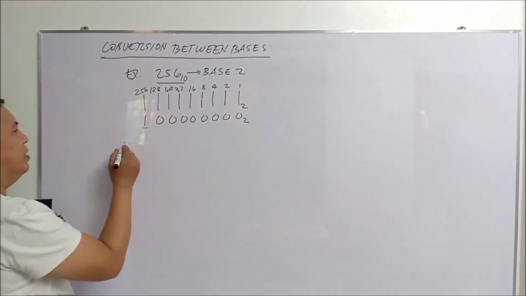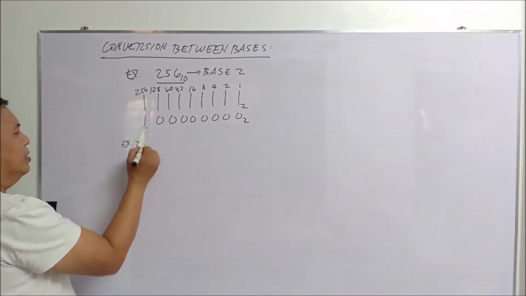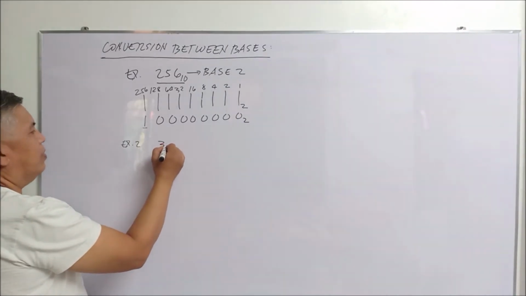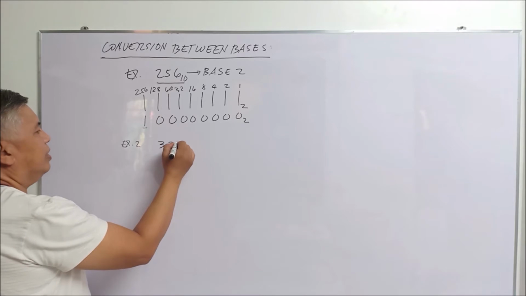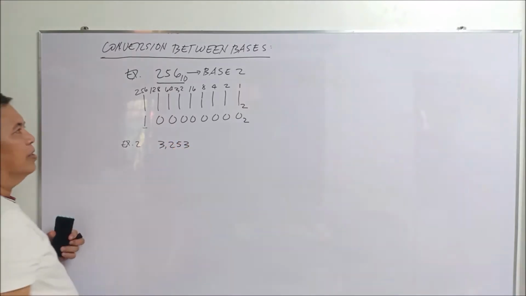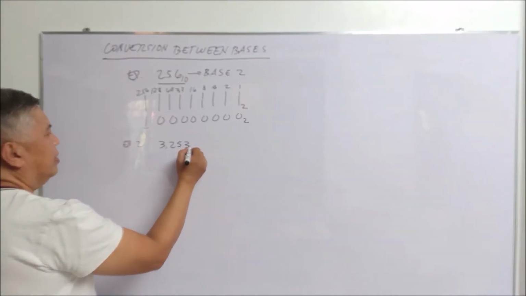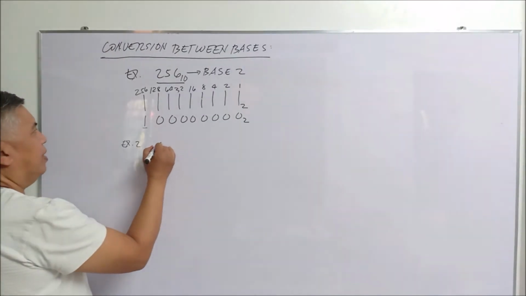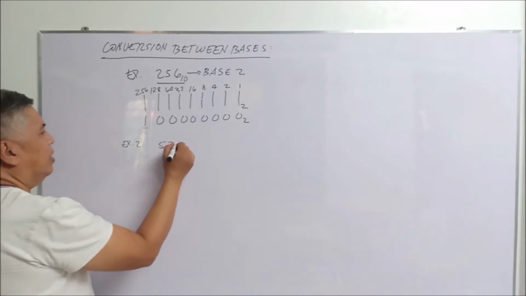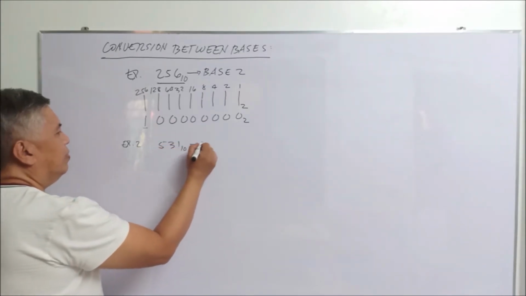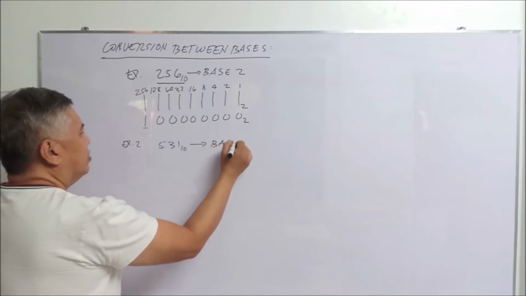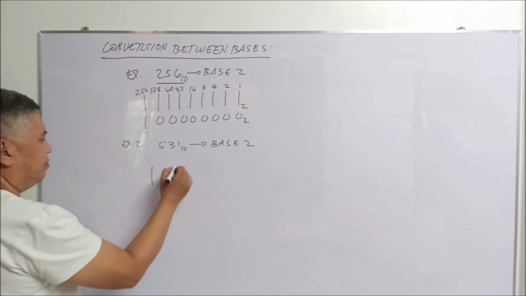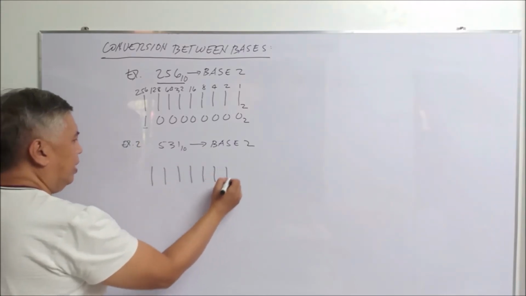Now, another example. Let's say you have 531 of base 10. We want it converted to base 2 again. So again, you make a series of 1s. Okay?